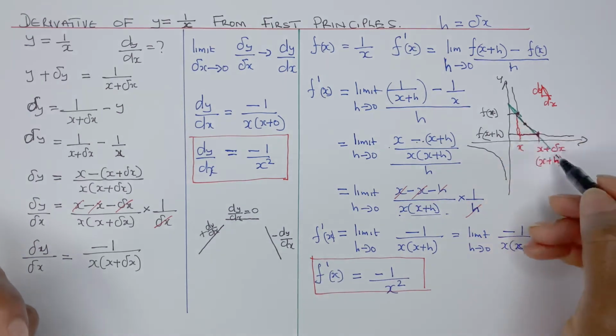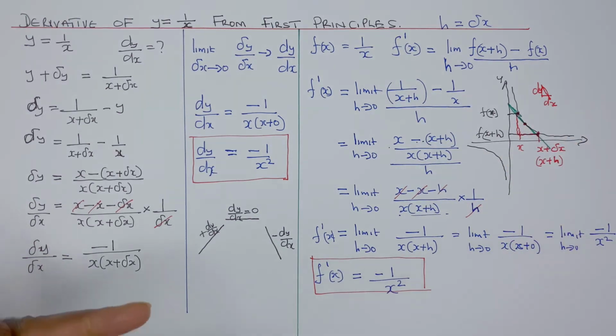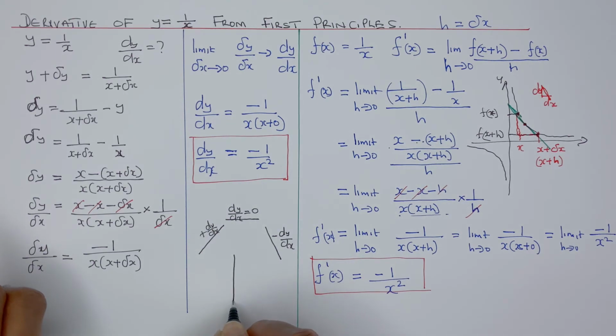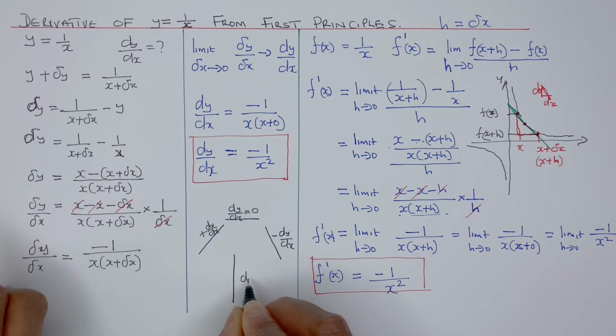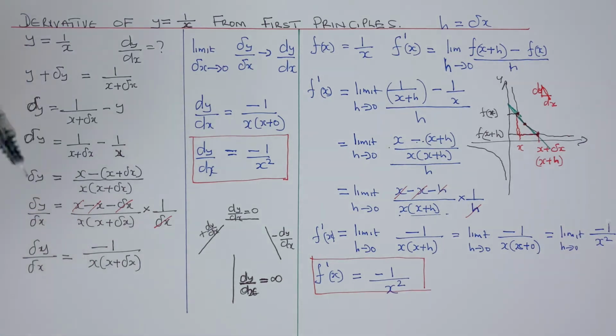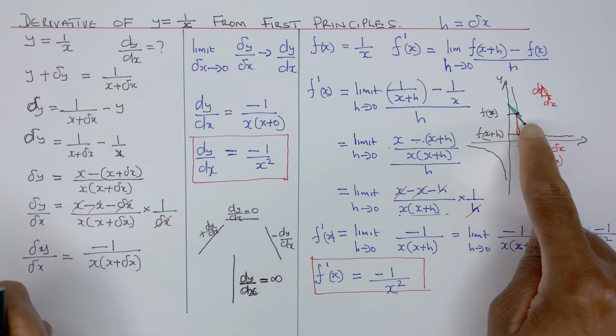You can see that's negative, so that's why it's negative. And a vertical gradient, if that's vertical, then dy over dx will be infinity. So that's infinity if it's a vertical line. So that's what's going on here. You can see it's minus 1 over x squared. The minus is because the gradient is negative there.